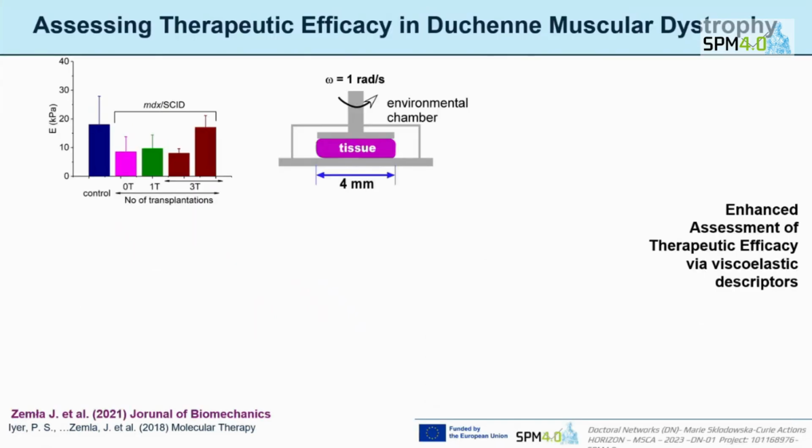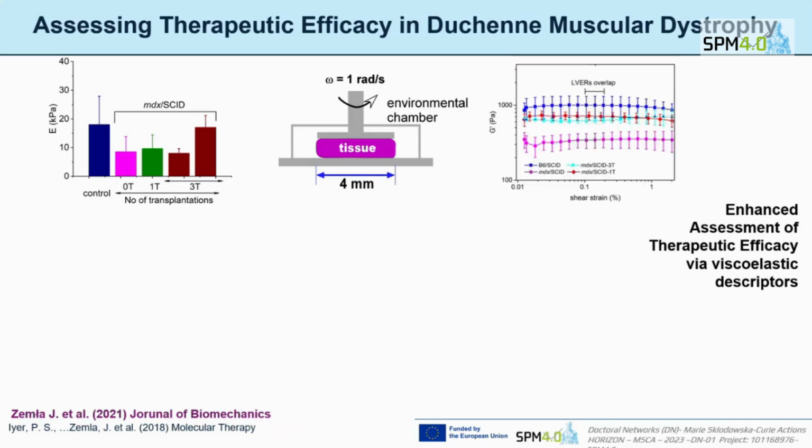The same muscle samples were measured with a rheometer. So we are looking at what happens at macro scale. And at macro scale, we can see that regardless of implantation time, we see overall improvement of the muscle elastic properties, because compared to diseased, which are in magenta, everything is within error bars at the same level.